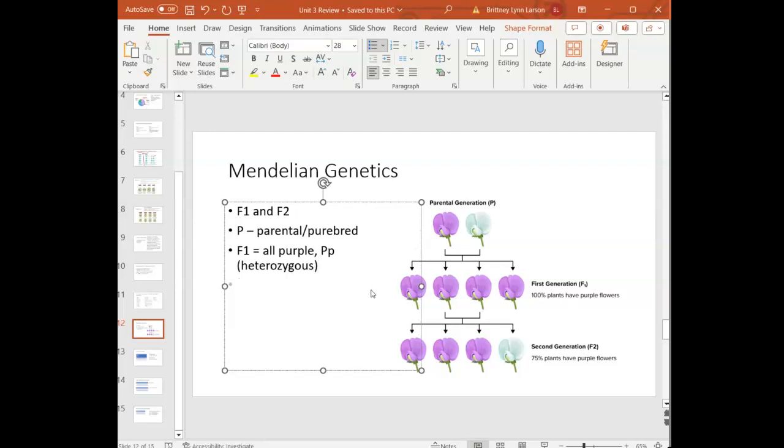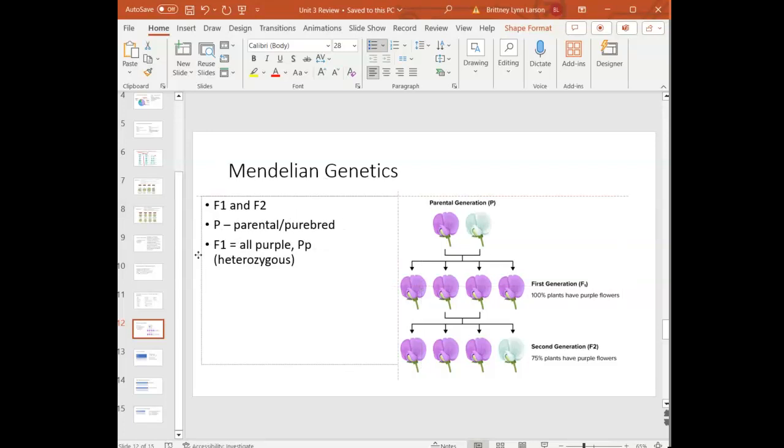That's one of those vocab words. Heterozygous individuals have one of each type of allele in Mendelian genetics. All of those F1 plants are purple. If I allow those purple plants to fertilize themselves, I get an F2 generation, and I'm going to have a different outcome. For some reason, 75% are purple and 25% are white.